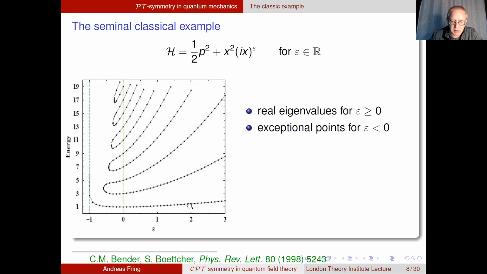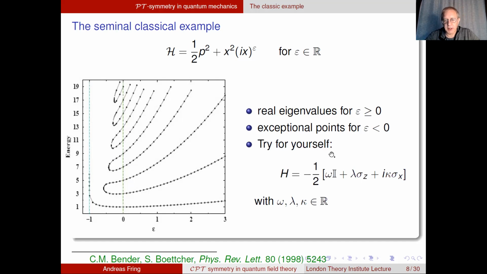But you can see here, also in that case, we get a discrete, real, positive spectrum and it is well-bounded from below. The scenario changes if you go with epsilon below 0, then you can see here that certain levels merge together and you obtain these exceptional points I was mentioning.